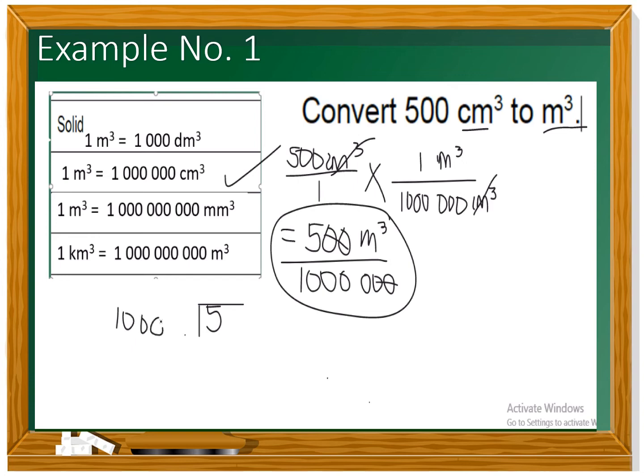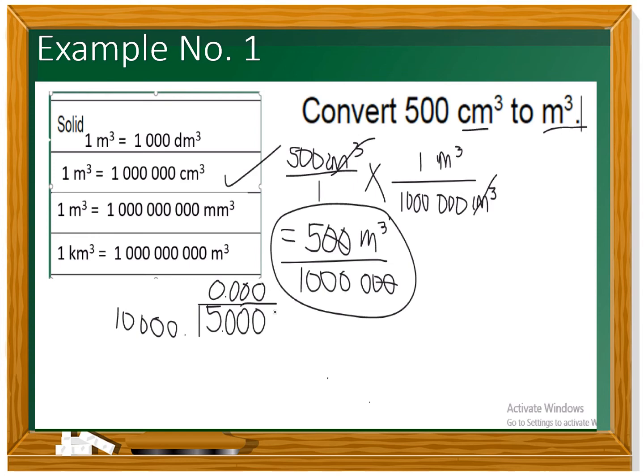Going back to what we have learned involving decimals, this is what we're going to do. 5 divided by 10,000, of course, 0. Then decimal, add 0. 50 divided by 10,000 is 0. Add another 0. 500 divided by 10,000, 0. Then add 0 again. 5,000 divided by 10,000, still 0.